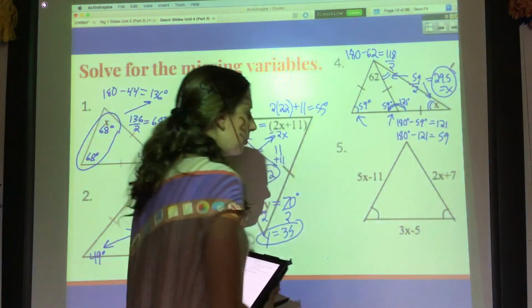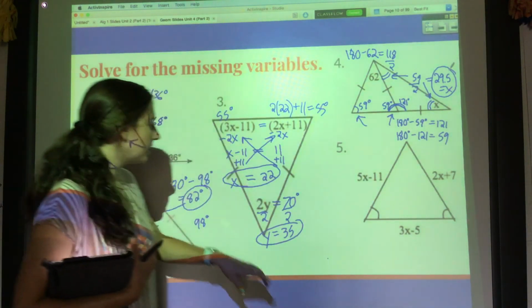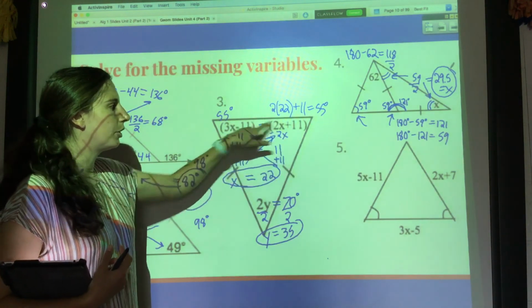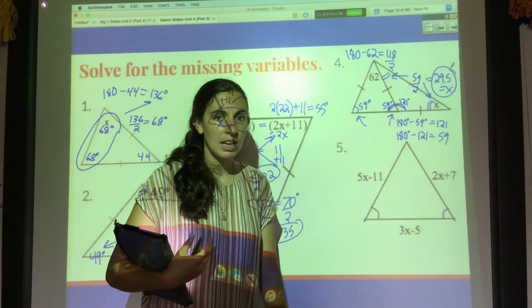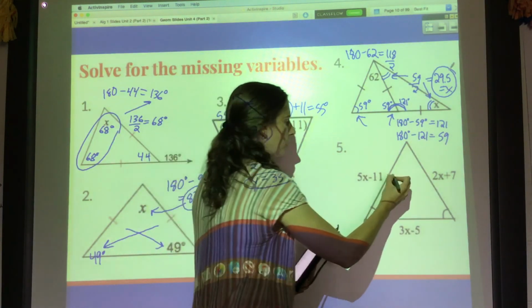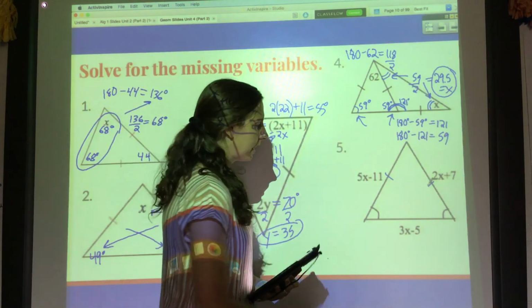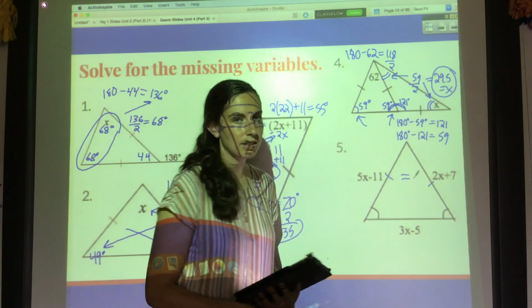Finally, with base angles, the reverse is true. So on these, you had an isosceles triangle, two congruent sides, meant you had two congruent angles. On this one, if you have two congruent base angles, that also means you have two congruent sides. So basically, 5x minus 11 equals 2x plus 7.